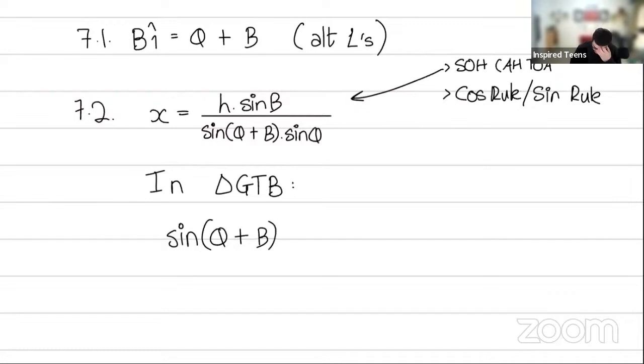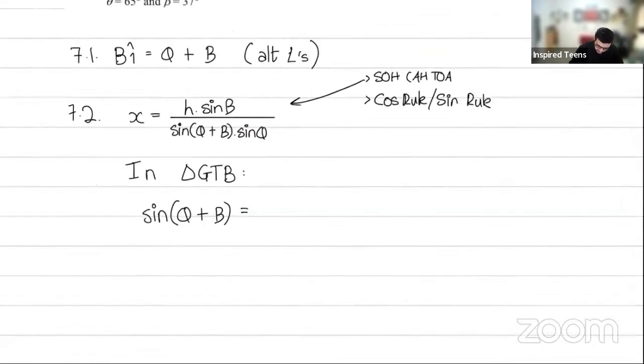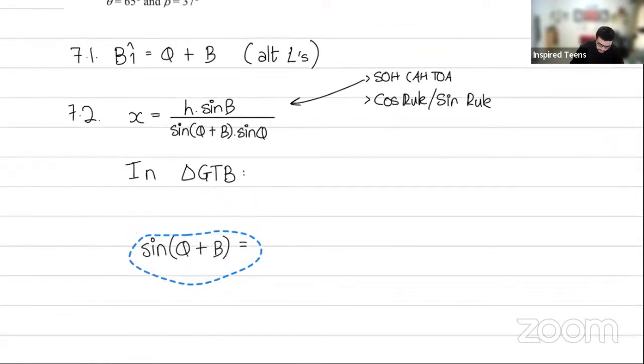Sine theta plus beta is equal to, okay, I'll write it for our sake. Sine of the angle is equal to opposite over hypotenuse.